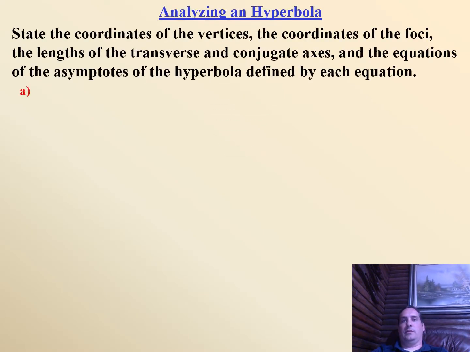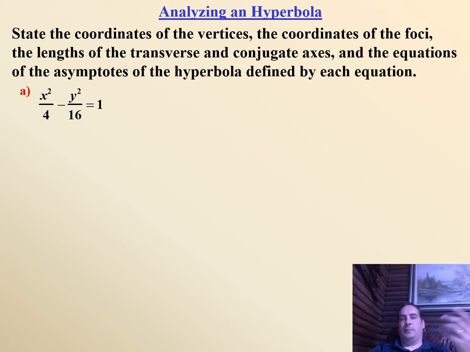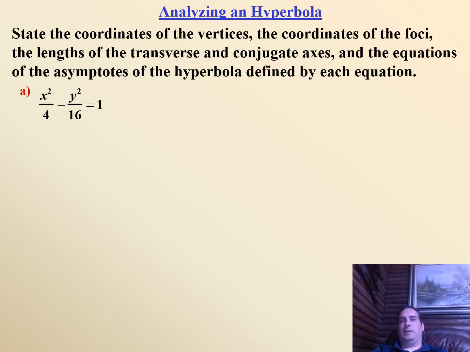All right, state the coordinates. Okay, so if I had something like this, I can see that this is going to be set at the origin, right? The center of this is going to be at 0, 0. Now, my A value is going to be 2 because I take the square root of 4.